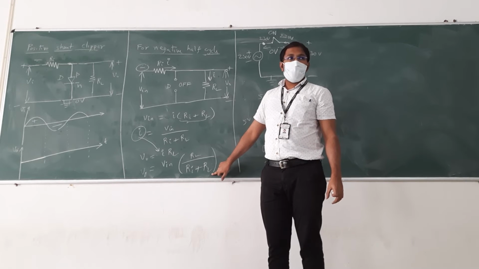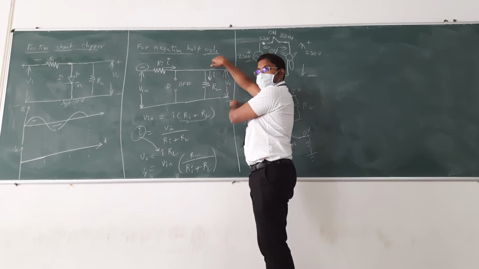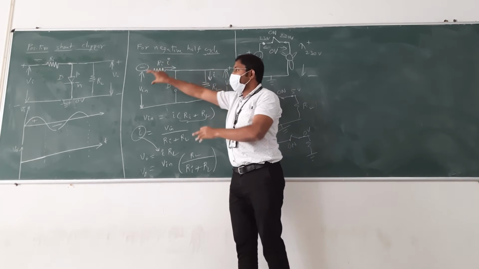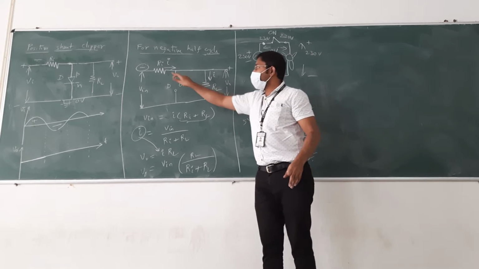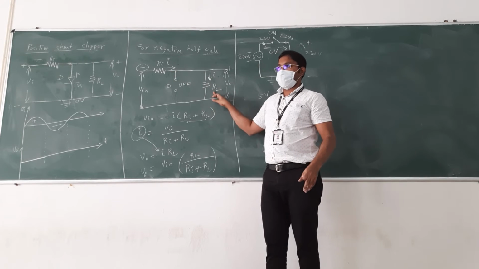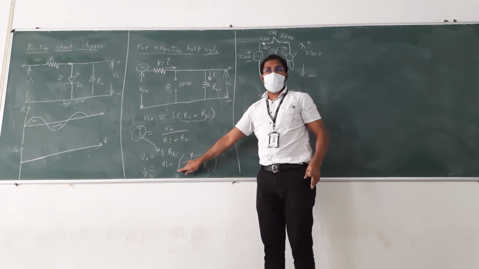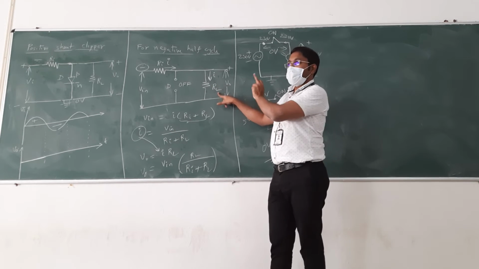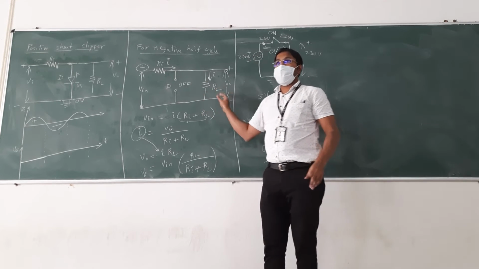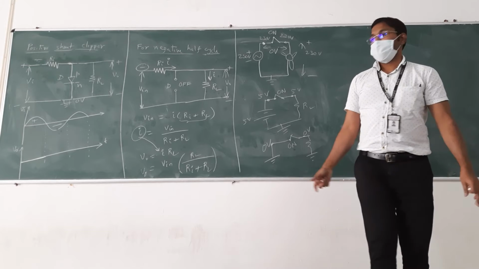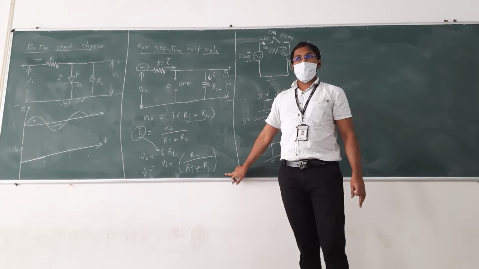What the voltage division rule says is the voltage across one resistor is equal to the total voltage into that resistor divided by the sum of those two resistors. Okay? So V naught is equal to the total voltage V in into the resistor R_L by the sum of these two, R_i plus R_L. Okay? So this is actually the derivation for the voltage division rule.